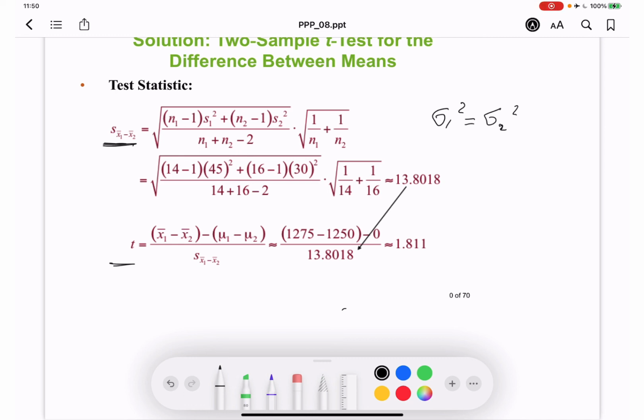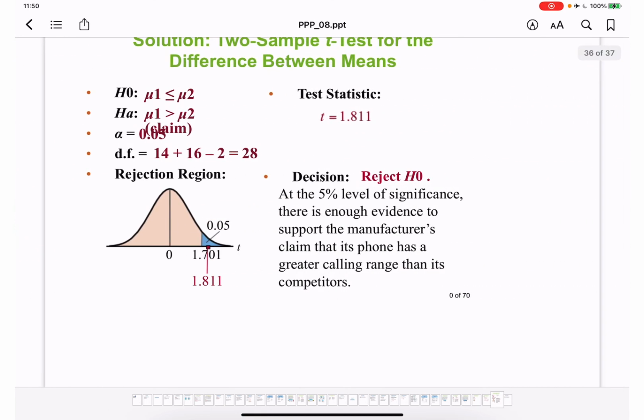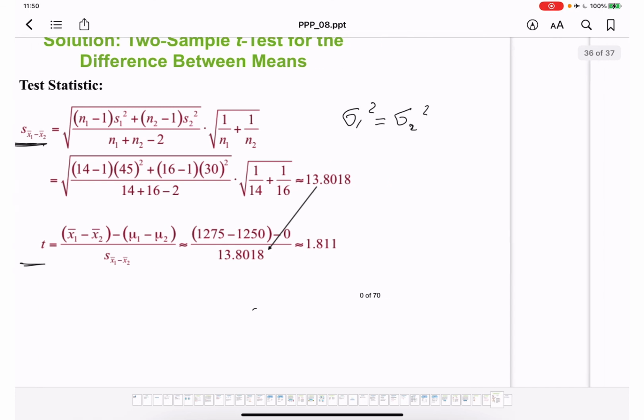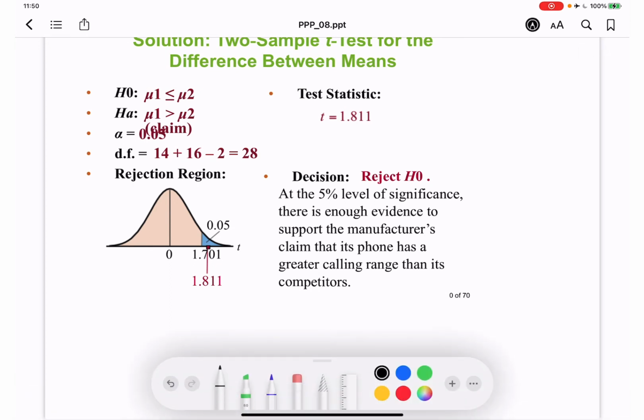So now what we have to do is compare 1.811. This is our t-test, I mean standardized test, right? 1.811, and our critical value 1.701. There we go. Since 1.811 is falling in the area of rejection, we reject.